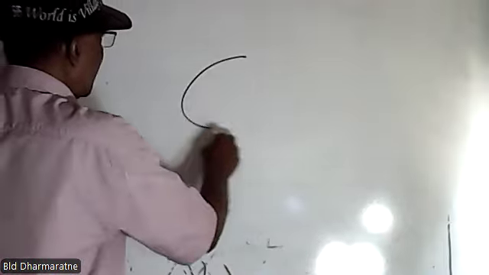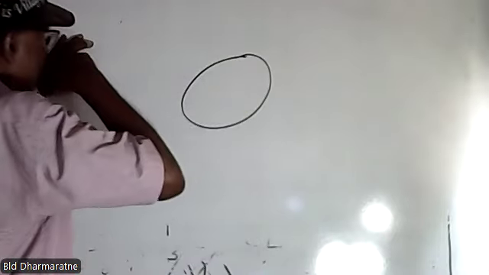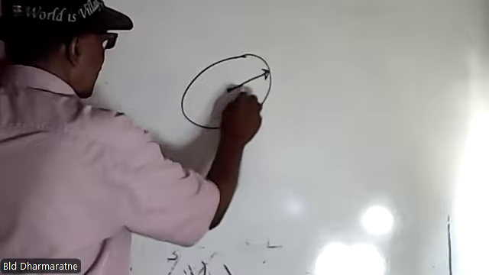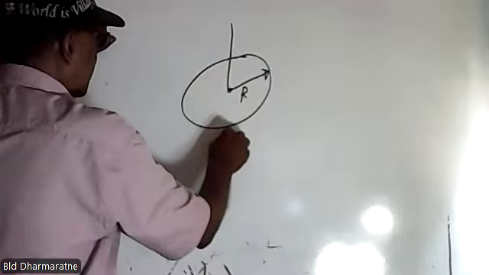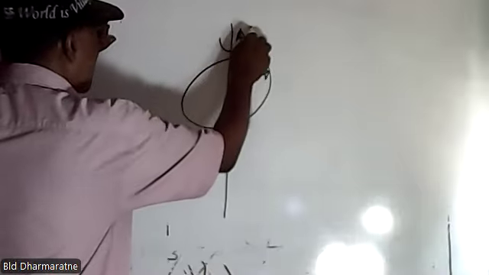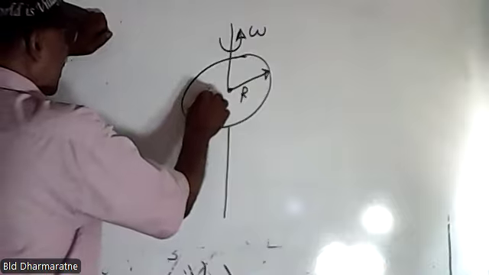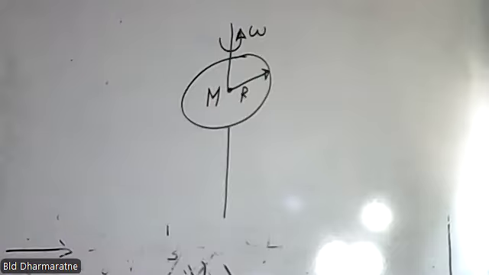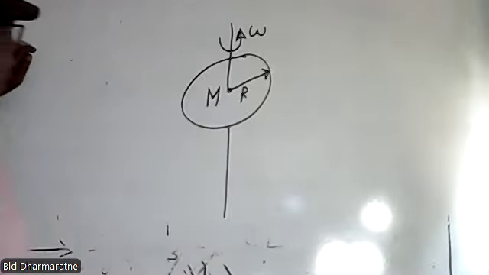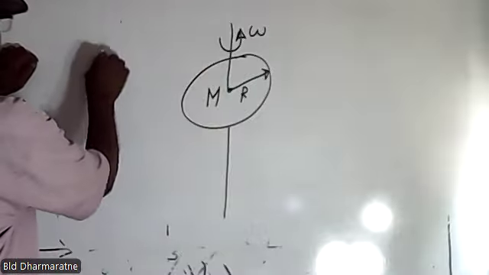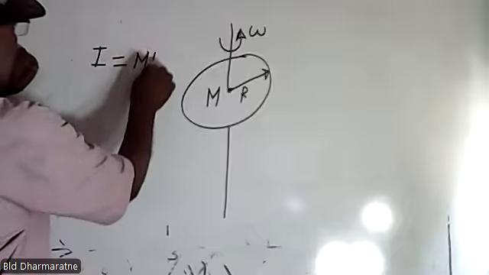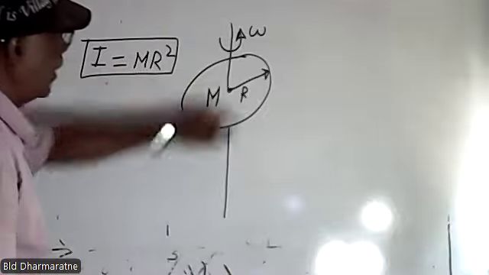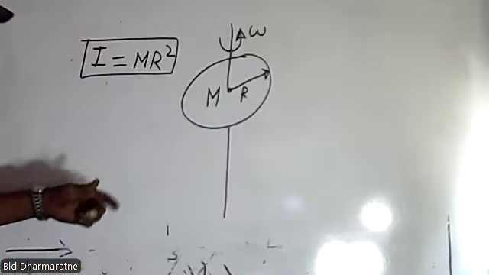The ring has some thickness and height, but we take the average R. It is rotating about this axis, omega, with mass M. The moment of inertia about this axis is I equals M R squared, with average R normally taken.